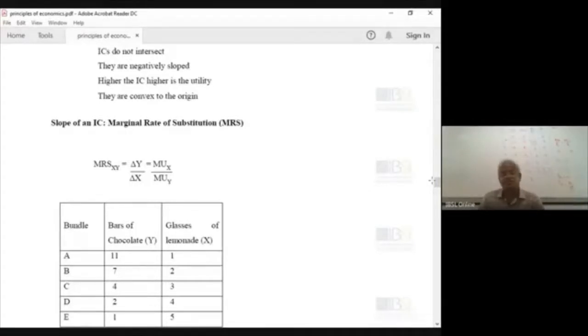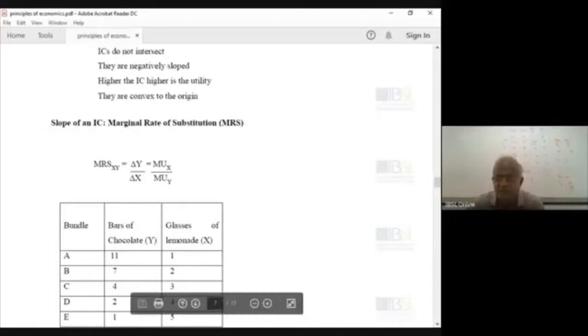What is the slope of the indifference curve? How to define? MRS between two goods X and Y equals change in Y divided by change in X. Still mathematics. We are not discussing economics.